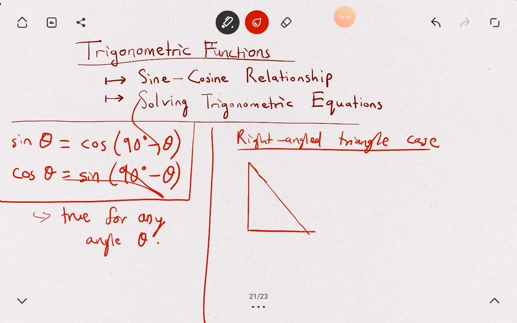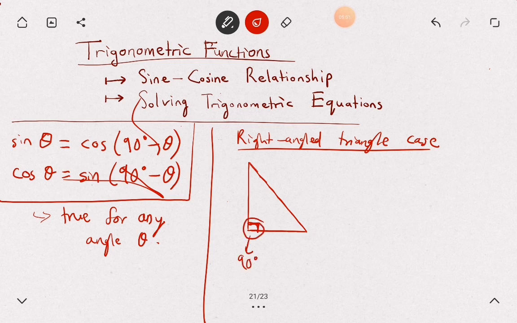Okay, this triangle doesn't look very nice, but it's okay. So this is our right angle, so this is 90 degrees.